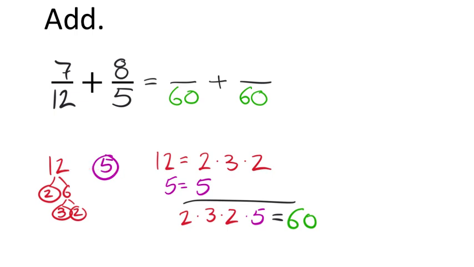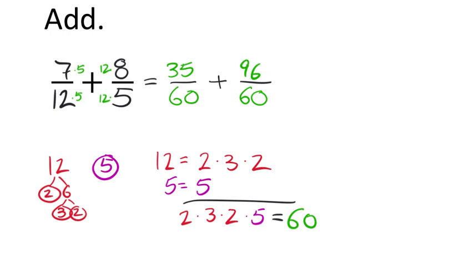So that would have been 12 times the 5. Now again, if you do it to the denominator, you're going to have to do it to the numerator as well. So the numerator would be 7 times 5, which is 35. And then the 5, yeah, we would have multiplied that by 12 to get 60. So we'll have to do 8 times 12 as well. If you need to stack and multiply that, that's fine. But it should be one of our multiplication facts that we have memorized, which is 96.